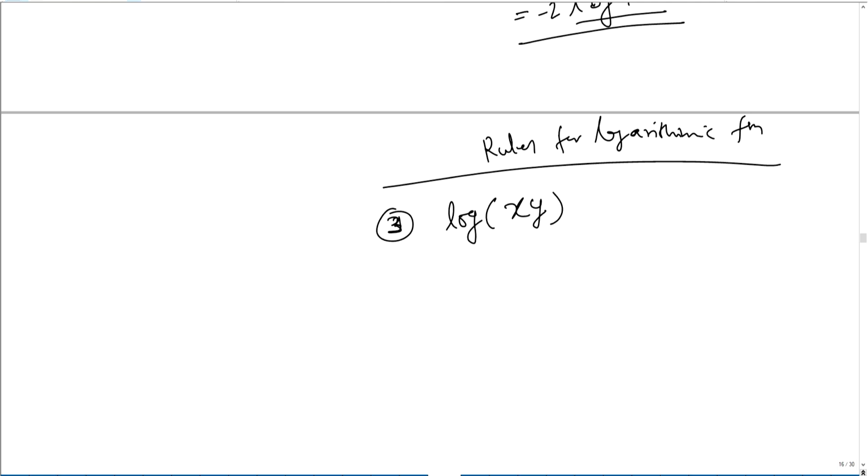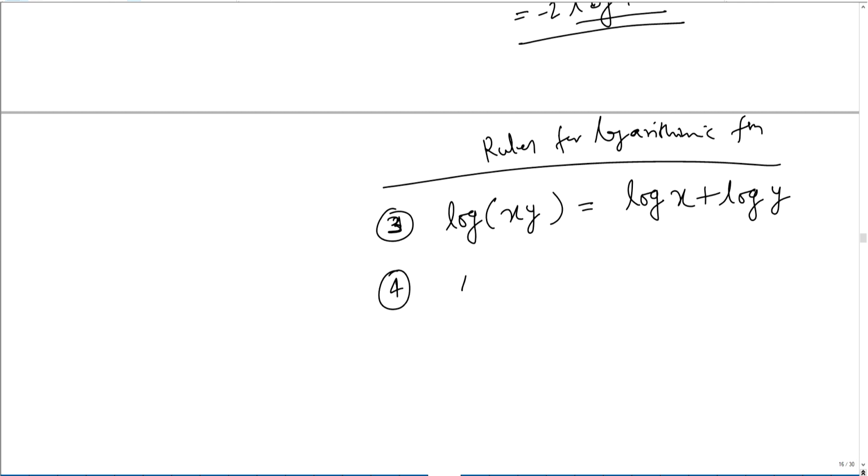These could be two functions as well, f of x or g of x; that does not matter. Let us say any two variables x, y. If these are multiplied, log of x into y can be rewritten as log of x plus log of y. Log xy equals log of x plus log of y.